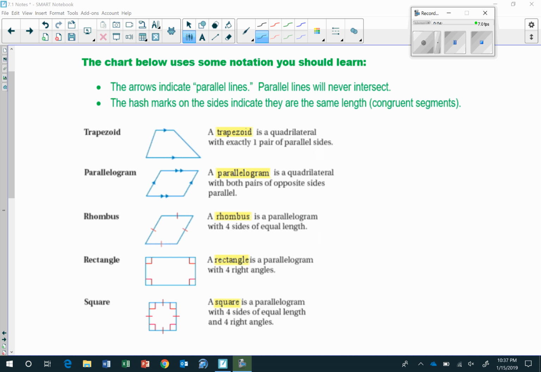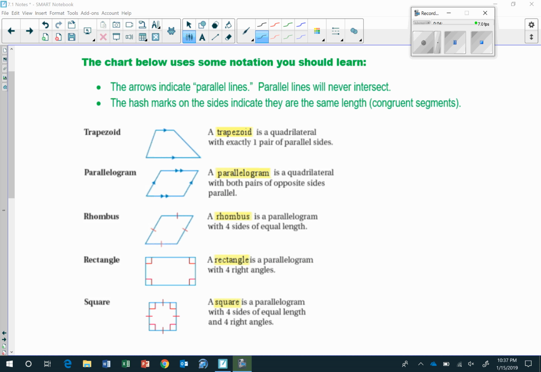On the next page of notes, it says the chart below uses some notation you should learn. It says the arrows indicate parallel lines. Parallel lines will never intersect. If you look at the trapezoid and the parallelogram, you've got parallel lines on there. The hash marks or tick marks on the sides indicate they're the same length, or congruent.